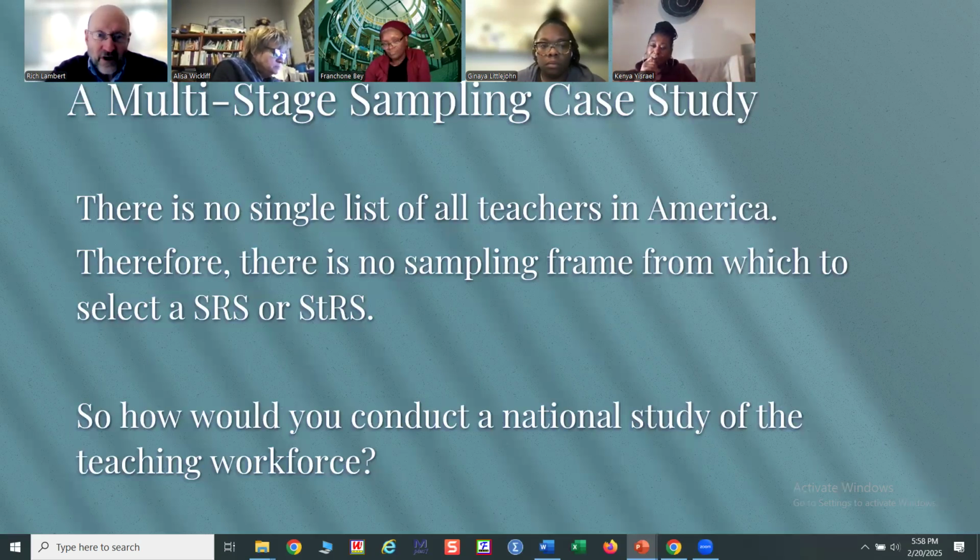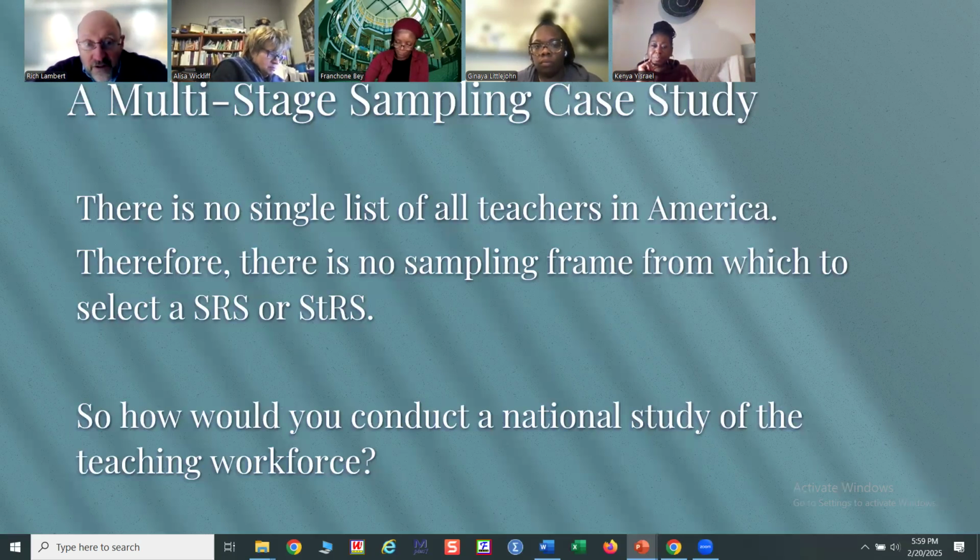The cluster sampling strategy would be we could take a nationally representative simple random sample of schools in America and then contact all those sampled schools and ask every teacher in that school to respond to our research. We could also do multi-stage, right? We could do a random sample of schools in America and then a random sample of teachers within the sampled schools. Is everyone with me? See how we can do it as a cluster sample or as a multi-stage sample?